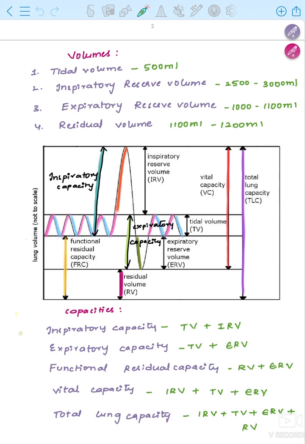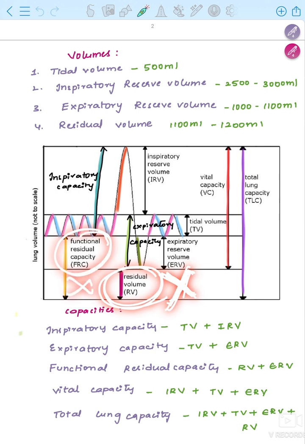So here we came to an end, but one thing you have to remember: the spirometer measures lung volumes and capacities, right? But the spirometer can't measure the residual volume. Remember, it can't measure the residual volume, and functional residual capacity includes residual volume.